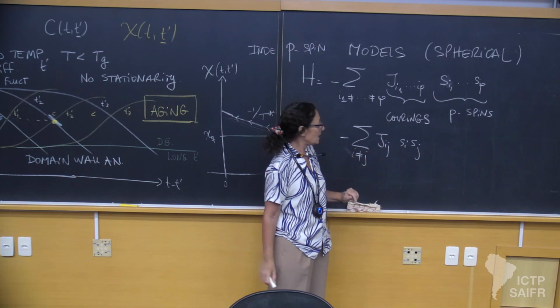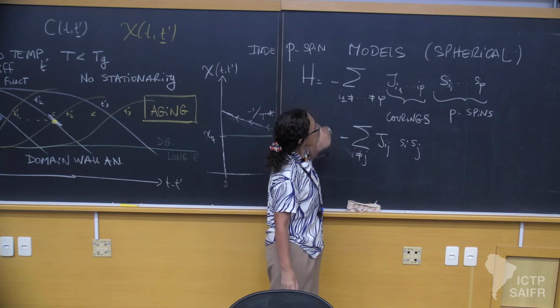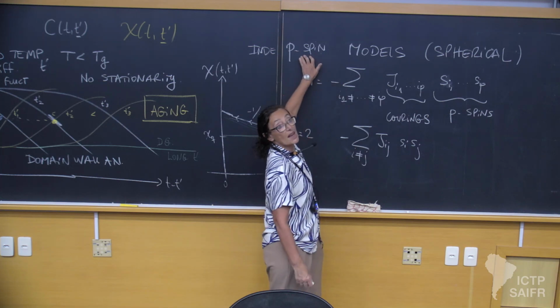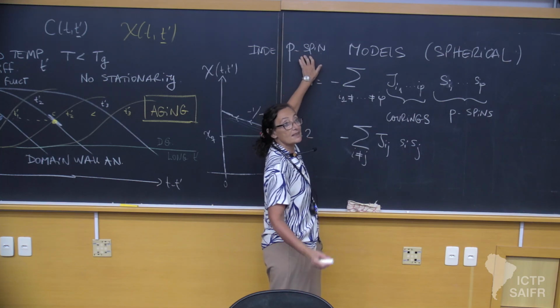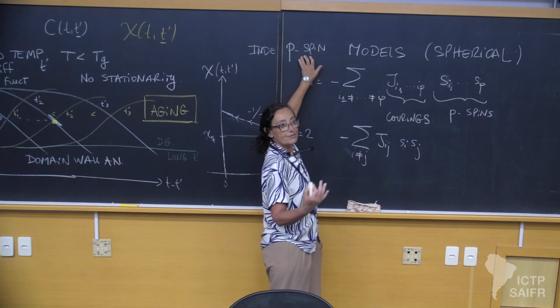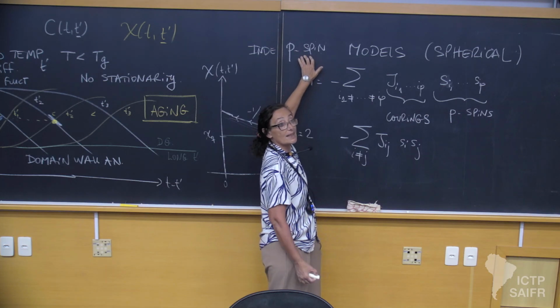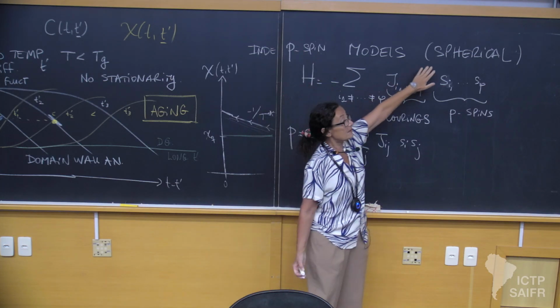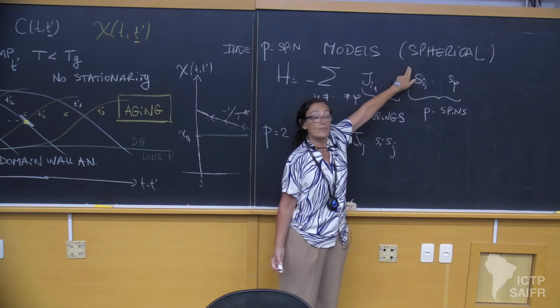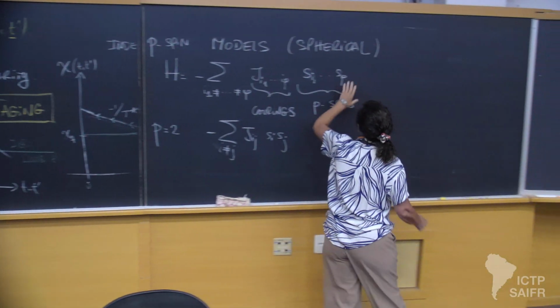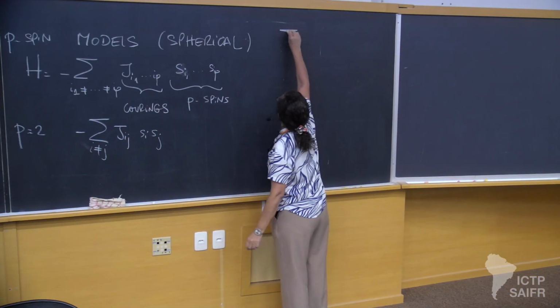Now, usually when we work with spins, we have Ising spins, but it's difficult to write equations and solve problems with Ising spins if you do dynamics. So it's simpler to work with the spherical cases. What does a spherical case mean? It means that you add a global spherical constraint.